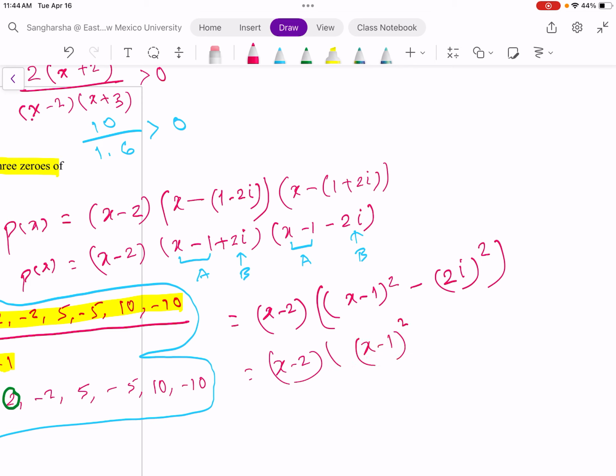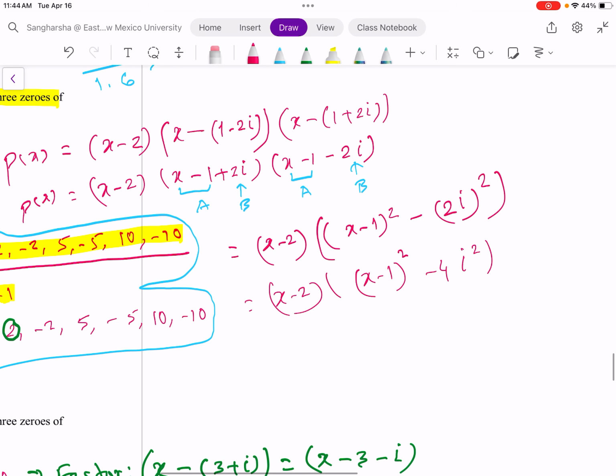Now what is this? 2 squared is 4, i squared is i squared. So this is x minus 2, x minus 1 squared, i squared is minus 1, minus 1 times minus 4, that is positive 4.